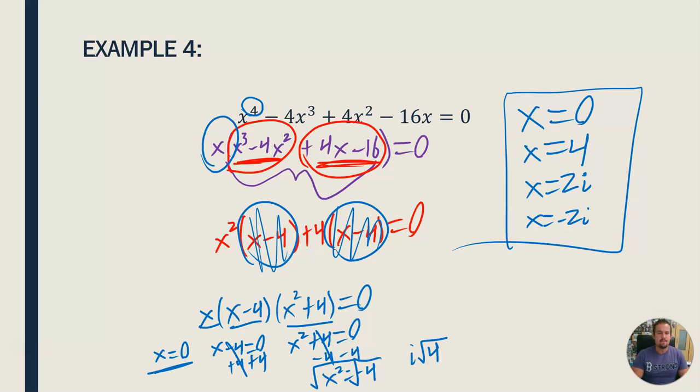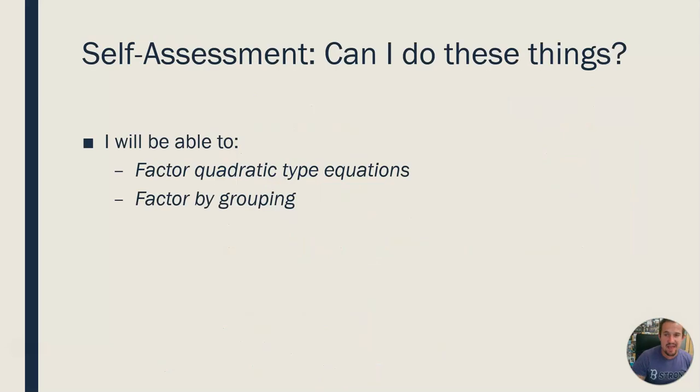So that's it. That's factoring by grouping. So in this lesson, again, we've talked about factoring quadratic type equations and factoring by grouping. Those are the 2 big methods besides long division that we will use to factor larger degree polynomial equations and find the solutions.